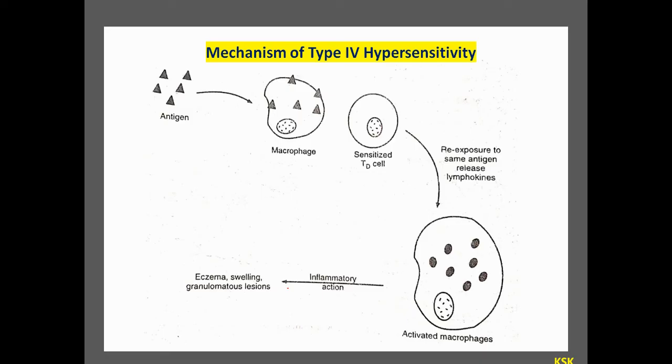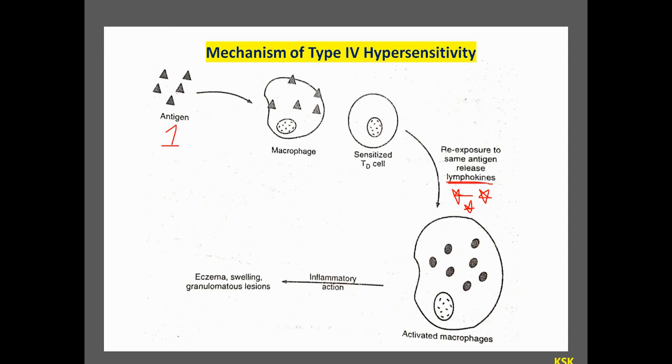Just see the mechanism of type 4 hypersensitivity reaction. The first exposure to this antigen activates the macrophages and produces the lymphokines. If they get re-exposed to the antigens, it causes the release of the lymphokines.